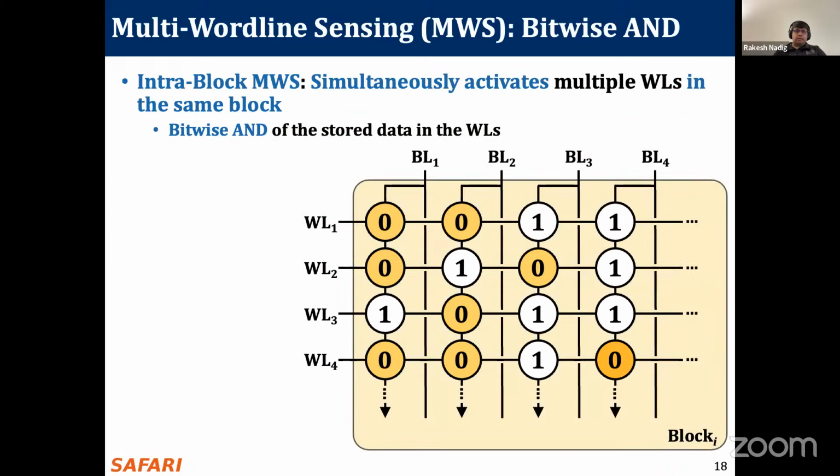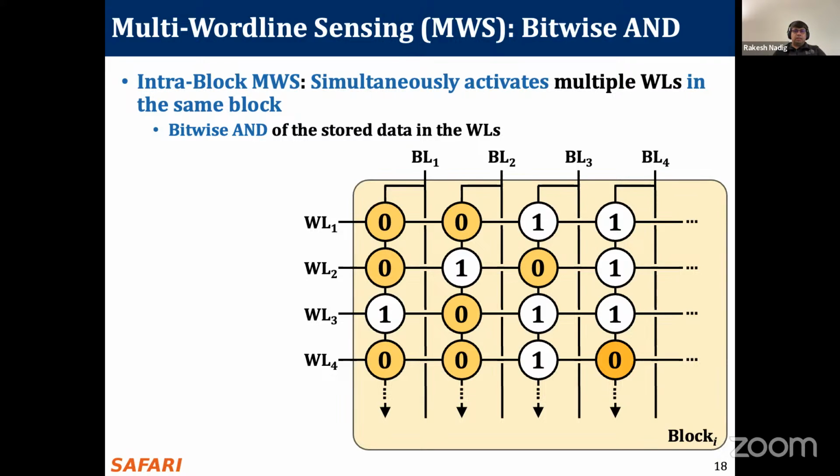The first one is called intra-block MWS, where we simultaneously activate multiple word lines in the same block. This technique provides us the bitwise AND operation.